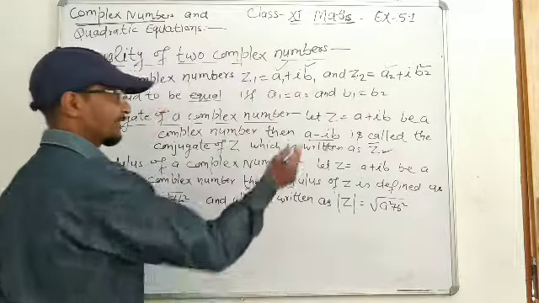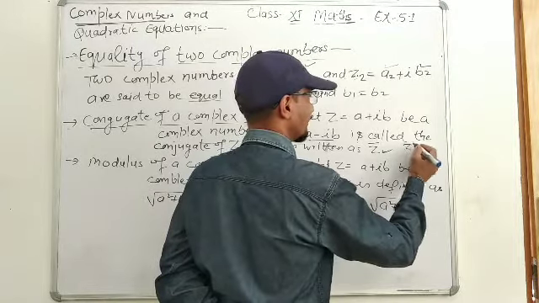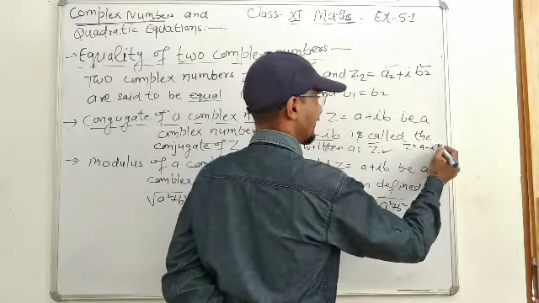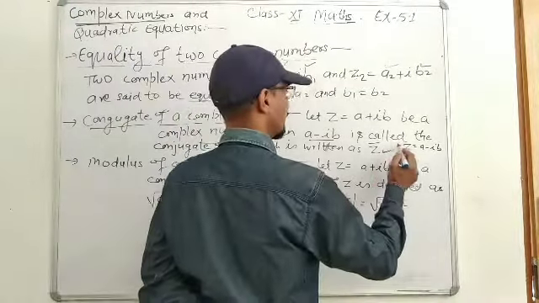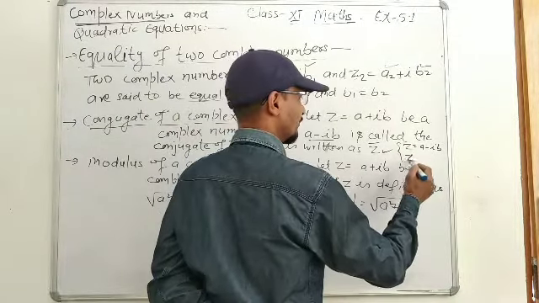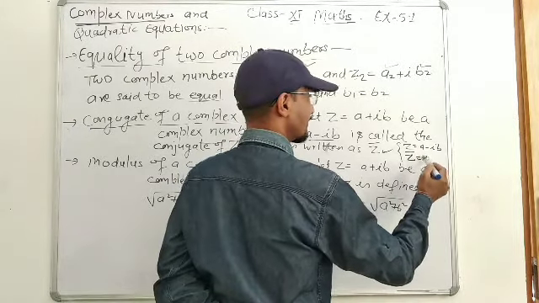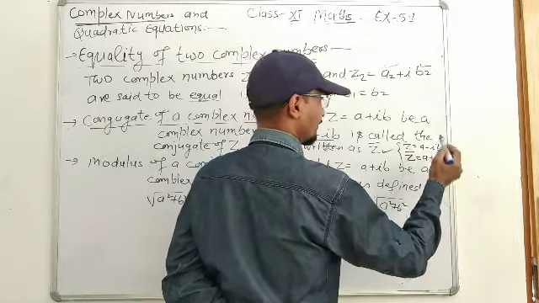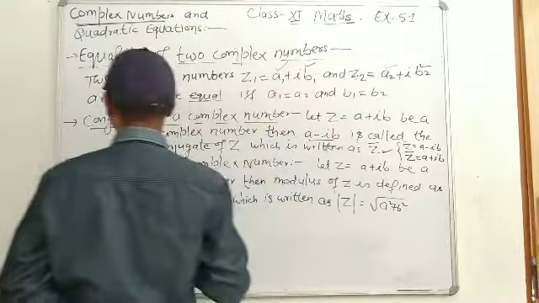Z bar equals A minus iB. If Z is equal to A minus iB is given, then the conjugate is Z bar equal to this, and if it is minus, it becomes plus. So the conjugate of A plus iB is A minus iB, and the conjugate of A minus iB is A plus iB.